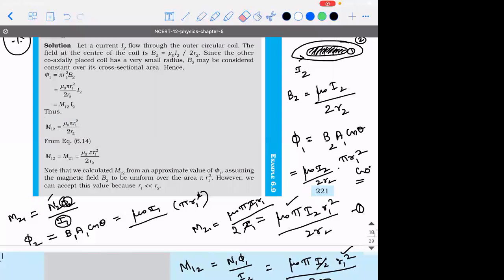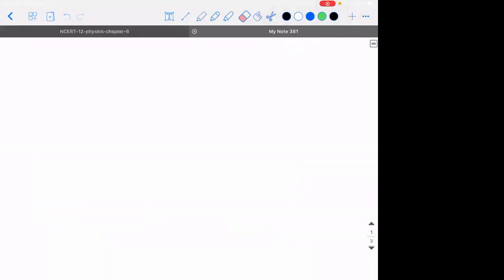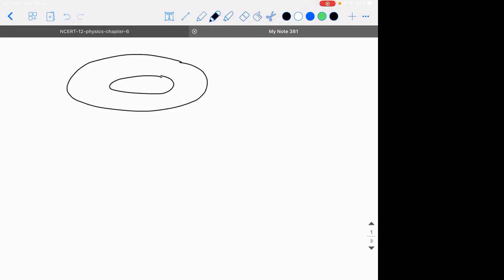Actually, see, guys, there's one more important point. This point, they have not solved it in the paper. They just took it as M12 is equal to M21.